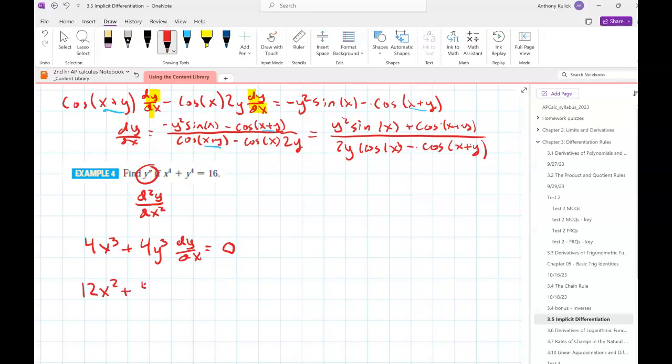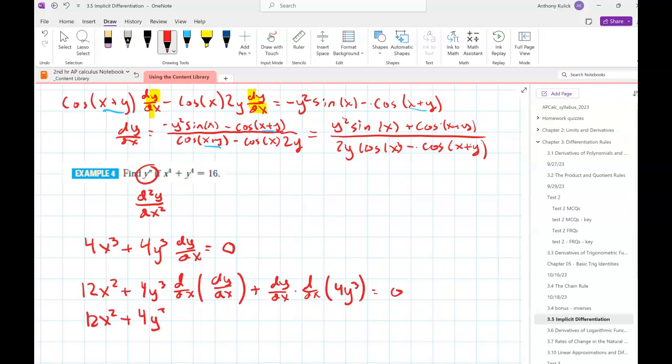So we're going to have 4y cubed times the derivative of dy dx plus dy dx times the derivative of 4y cubed. And this still equals 0. What's the derivative of dy dx going to be? d squared y over dx squared.